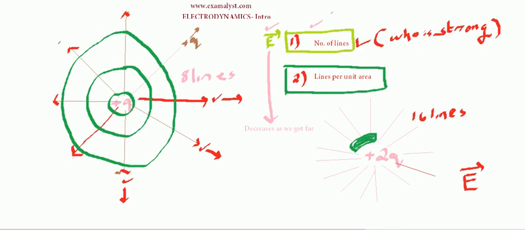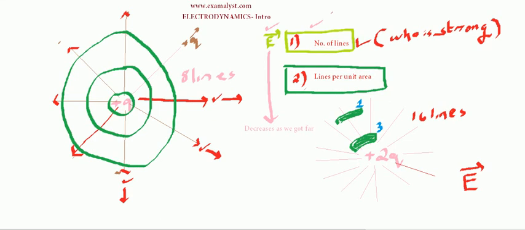If I take this unit area away from it, a remarkable thing happens. When I was near, the number of lines per unit area was 3. So 3 lines per unit area. As I go far away, the number of lines per unit area is 1. Agreed?